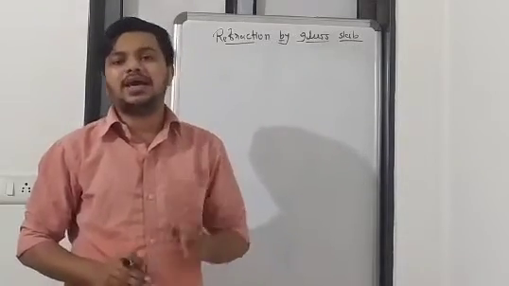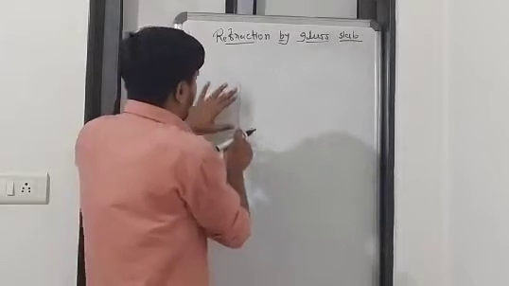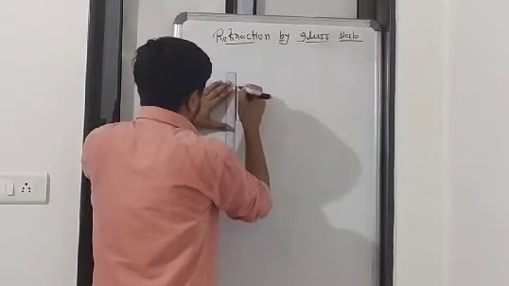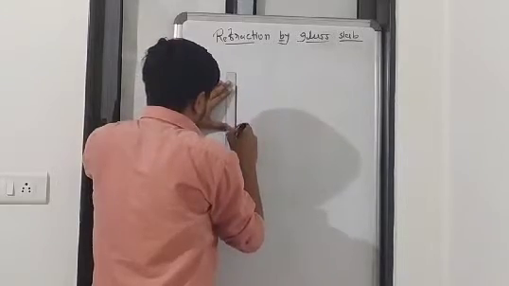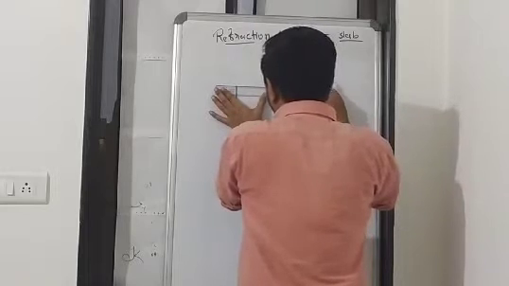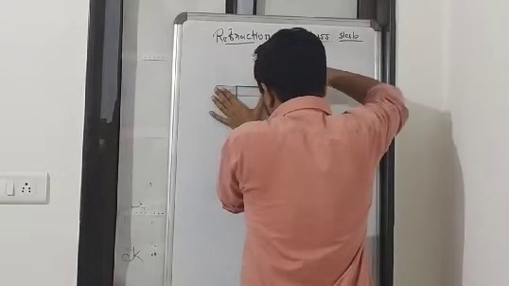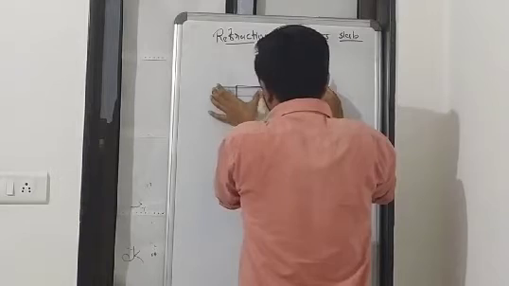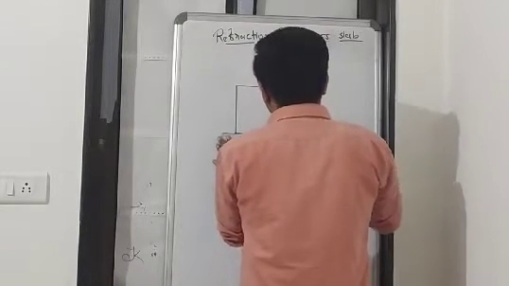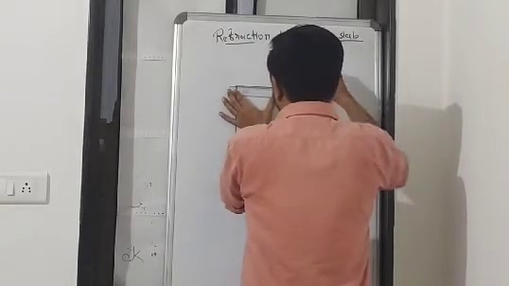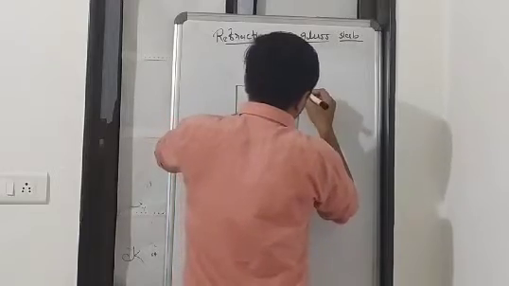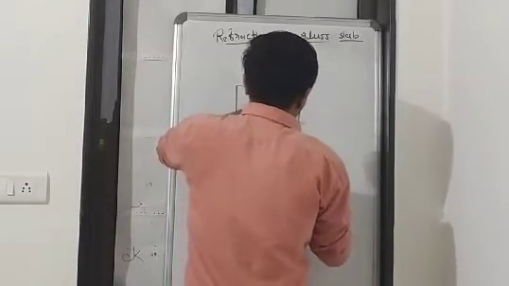Then you have to draw that glass slab by drawing the edges of it. With the help of a pencil you can draw the edges of it by putting the glass slab on the white drawing paper. So you get a rectangle.